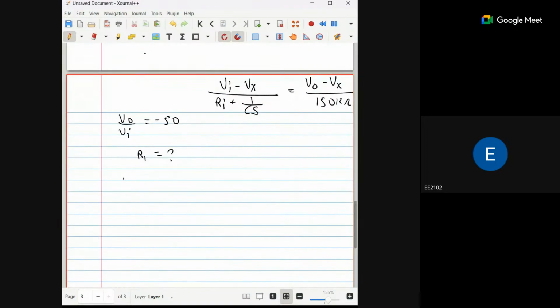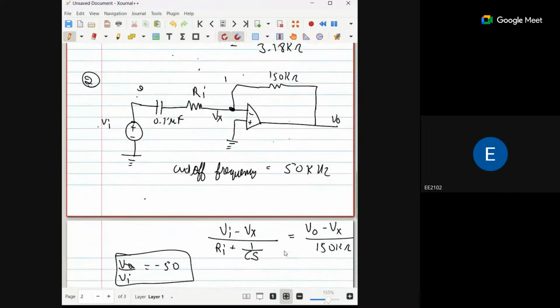This is correct. So the current goes from Vx to V naught, so it is Vx minus V naught.